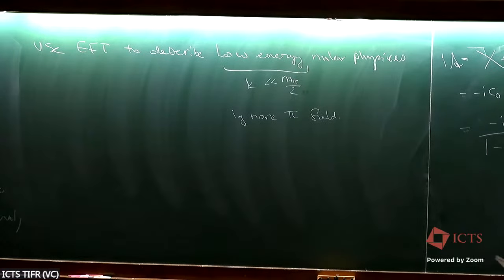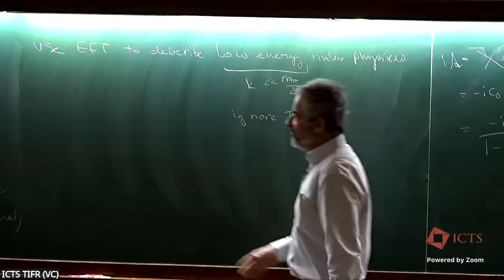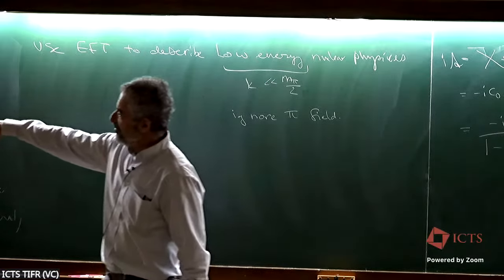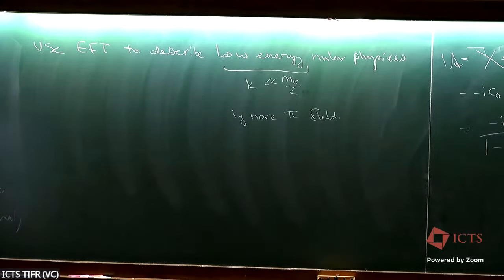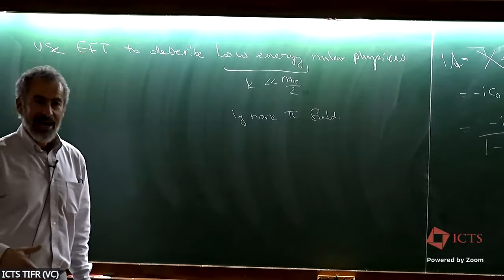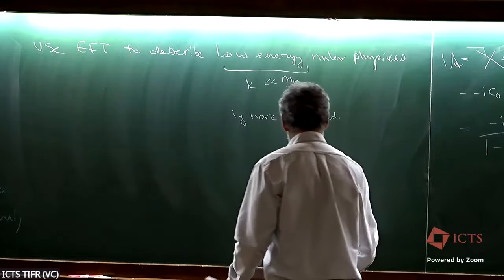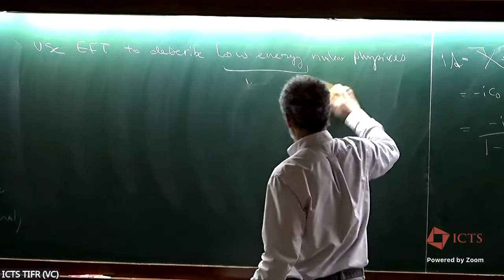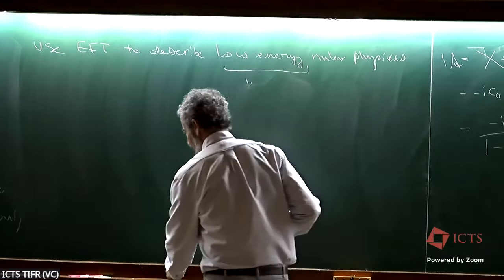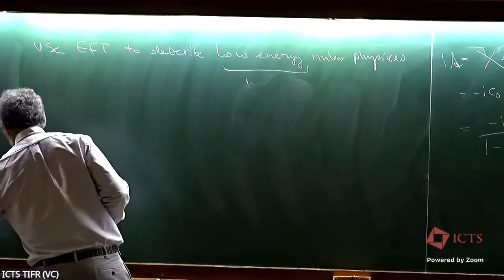So what we do is we look at the low energy physics, and in the effective field theory approach, we'll put in all these local operators in a derivative expansion, and then we have to find a way of systematizing it so that we can compute our answers in a momentum expansion.